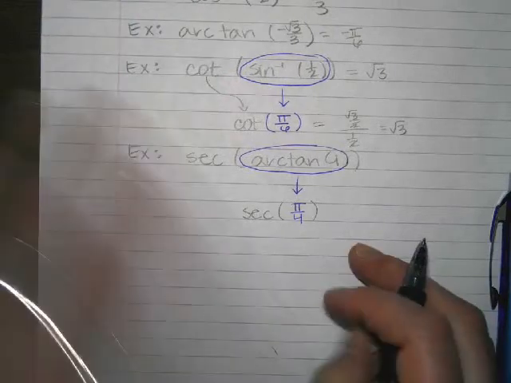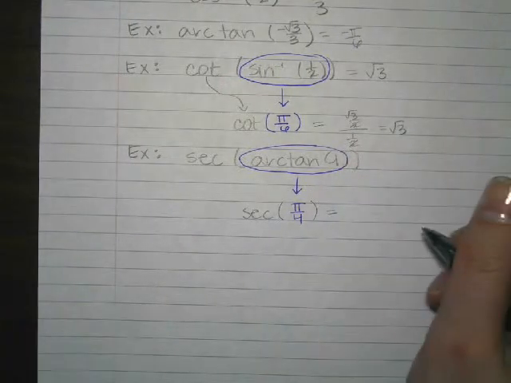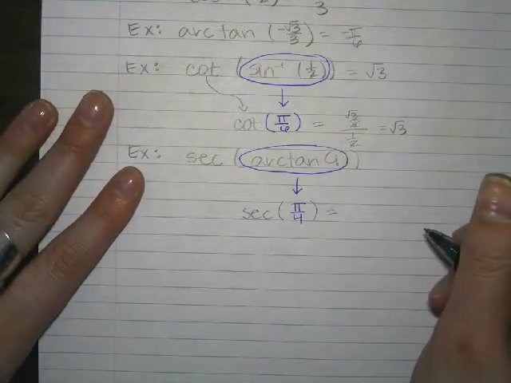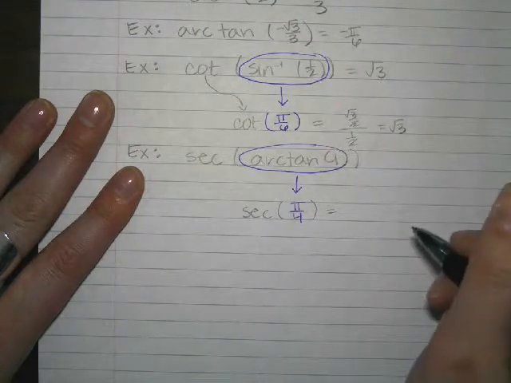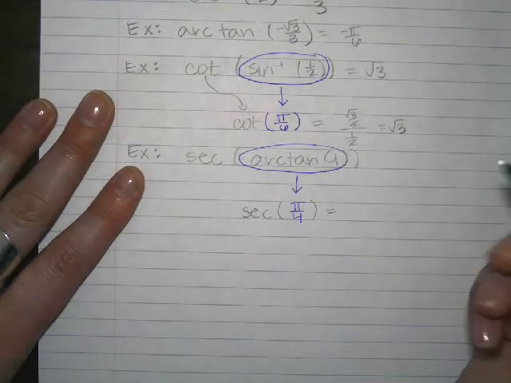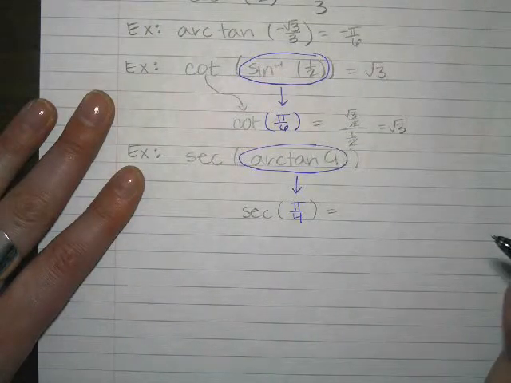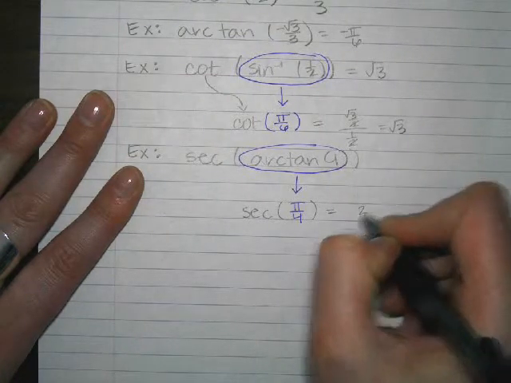So it's a two-step problem. Inside, then outside. So secant of pi fourths would be what? Say it again. Secant is the flipped version of cos. So we're going to look at the cos value and flip it. 2 over square root 2.